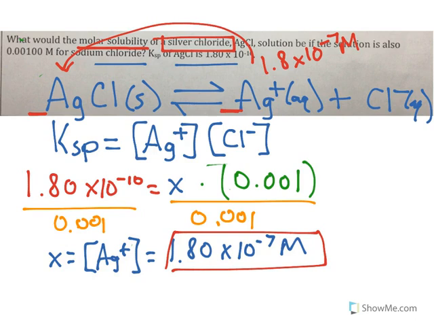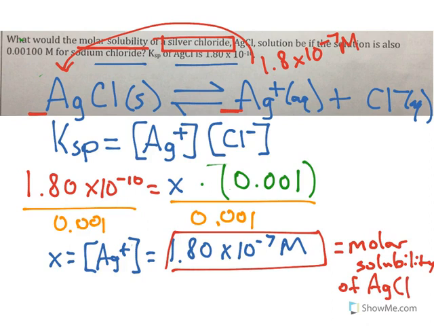So in other words, even though this is technically the concentration of the silver ions, it's also the molar solubility of AgCl because they share the same coefficient.